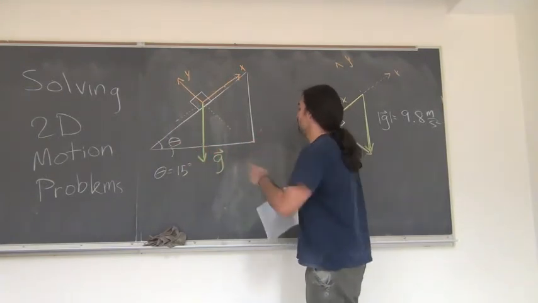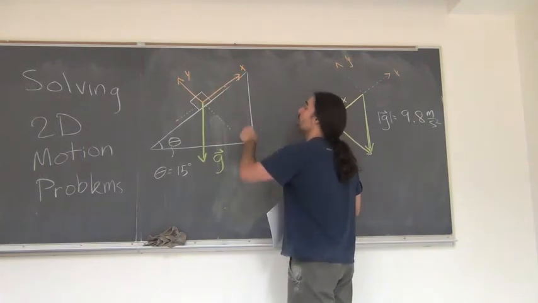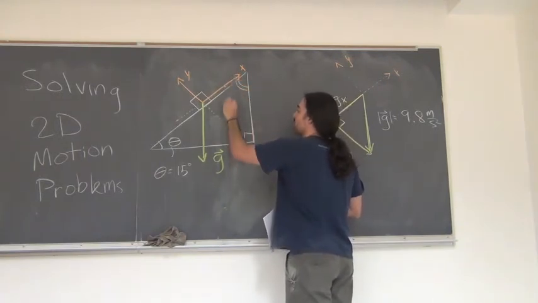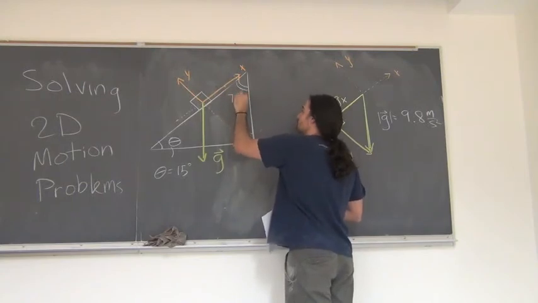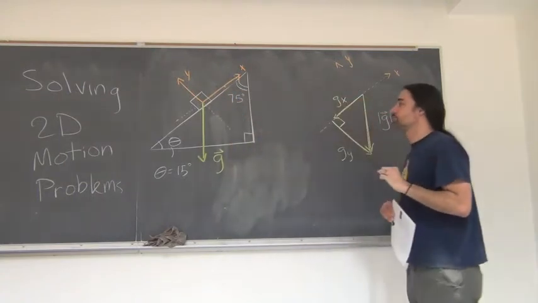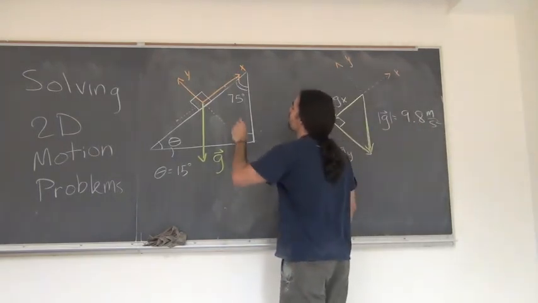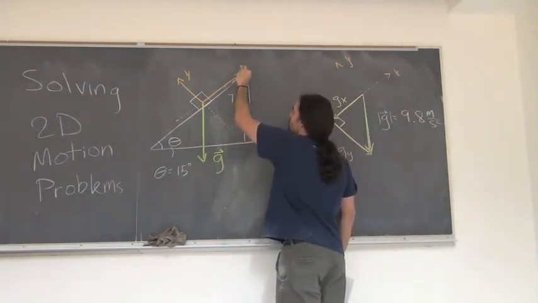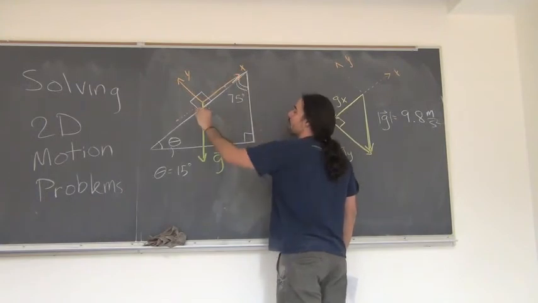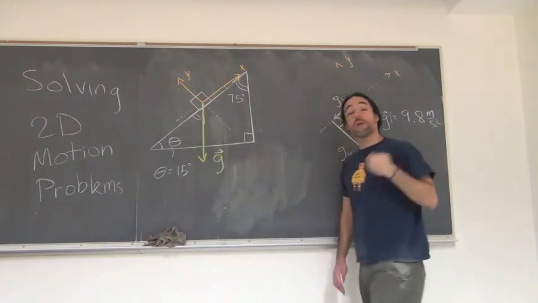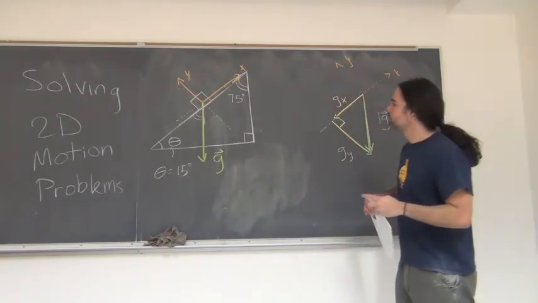That's a 90 degree angle, which means that this angle here would have to be 75 degrees. But notice that this angle, the 75 degree angle, is the same thing as this angle, because we have similar triangles here.